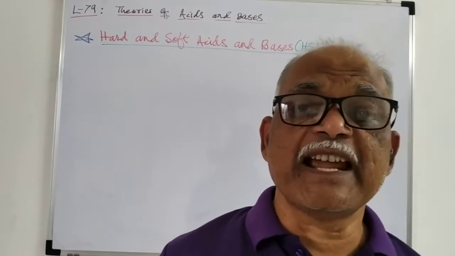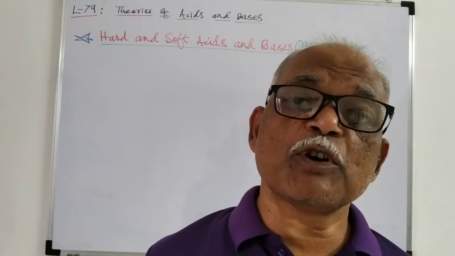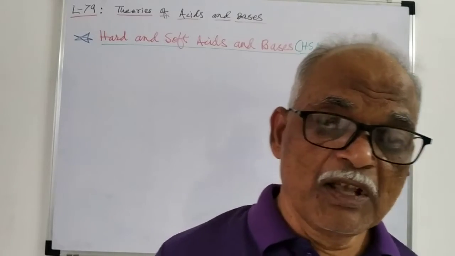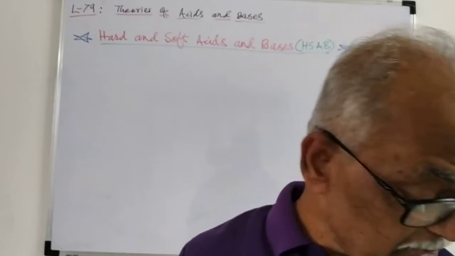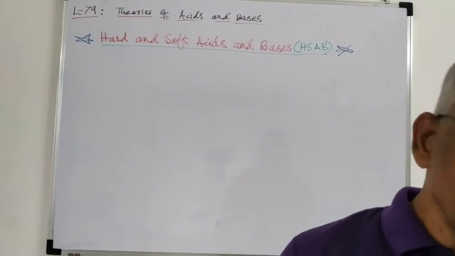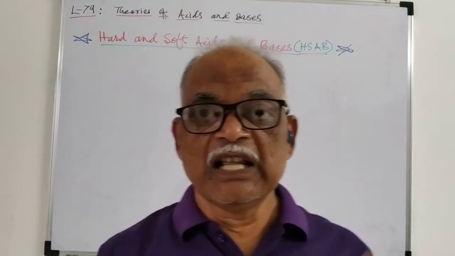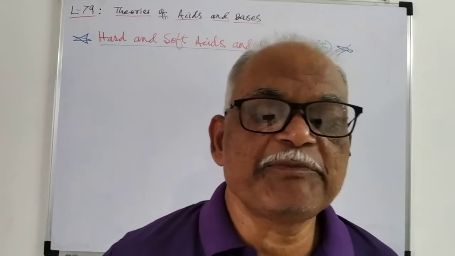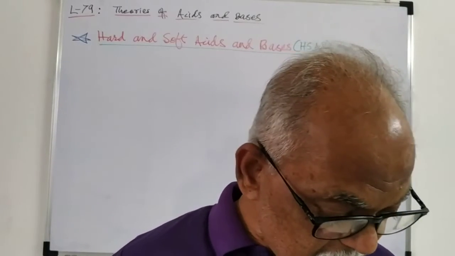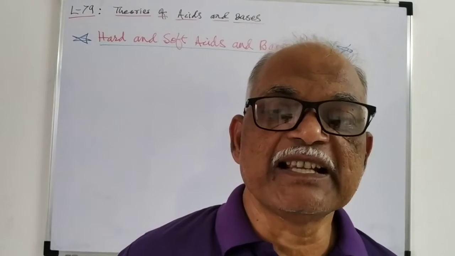In order to understand this hard and soft concept of acids and bases, we will see one example, and we will begin with this example here. We should understand that acids and bases have their intrinsic strength in order to exhibit their acidic and basic characters.